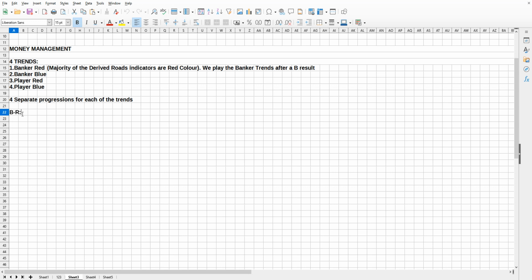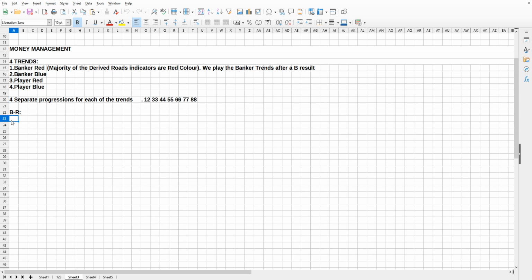I'm using 1, 2, then 3, 3, 4, 4, 5, 5, 6, 6, 7, 7, etc. So this is actually the progression. So I should put this string of numbers here. Yeah, this is a string of the digits that I'm using in my progression.